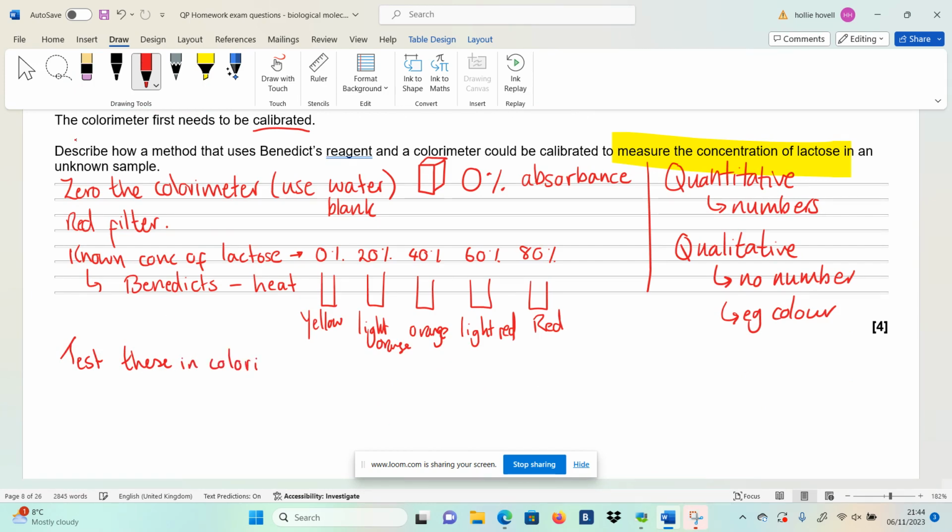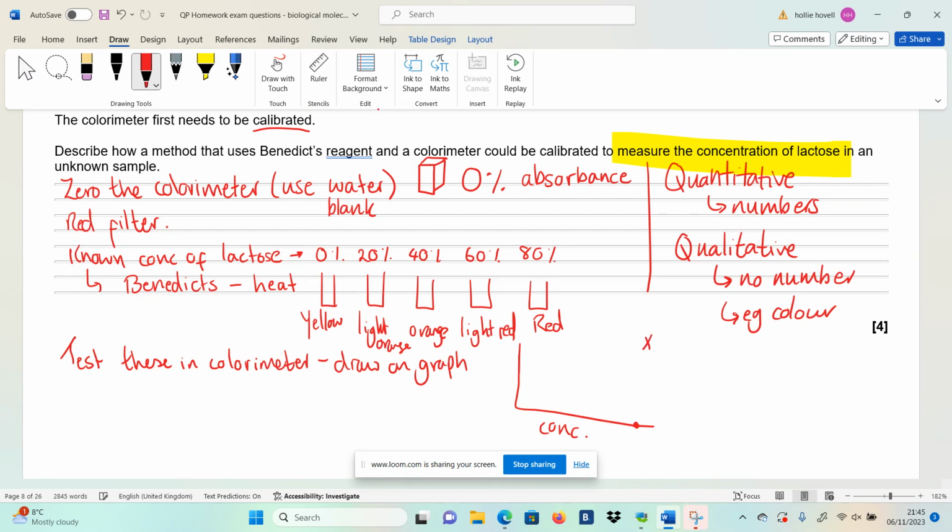and what you do is you then draw those onto a graph. You're going to end up with a graph that's got a series of points. If you've got your concentration there, the darker red one up here with the highest concentration is going to absorb the most.